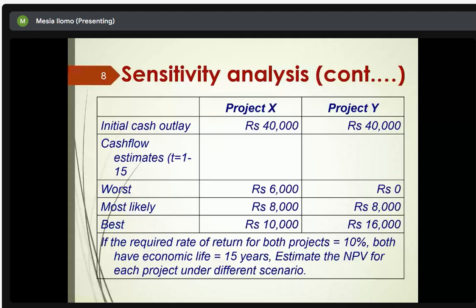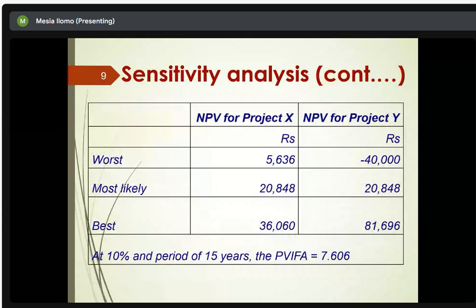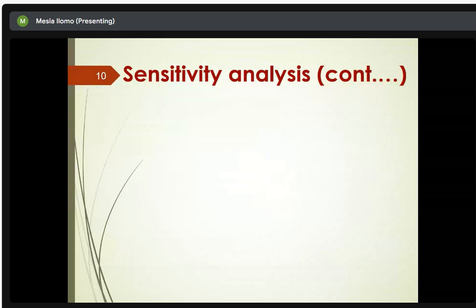So you are given the cash flows for year 1 to year 15, for project X and for project Y. We computed the NPV using these cash flows, and these were the NPVs for 15 years. Later we adjusted for probabilities.